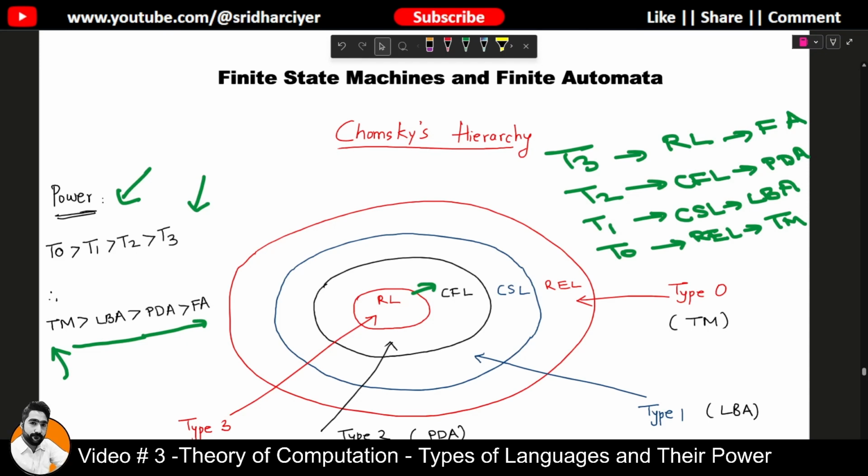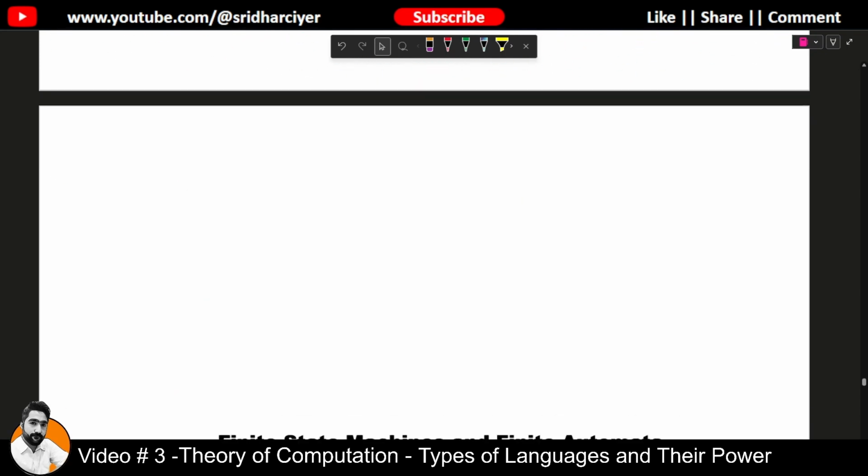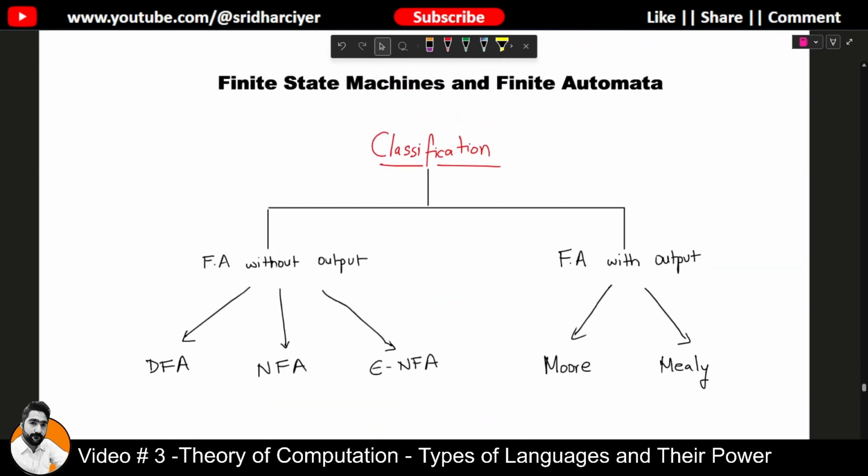Let's move on to the last part of this particular video, that is the classification of finite state machines. From here we are going to start our first module in detail. That is what exactly is finite state machine, finite automata, and what is its classification. Finite automata in essence is divided into two parts. First is finite automata without output and finite automata with output.